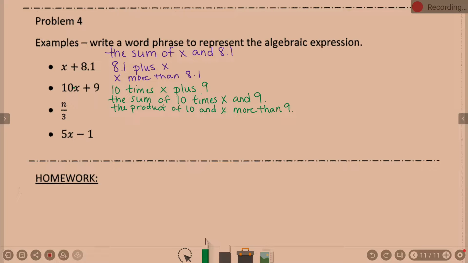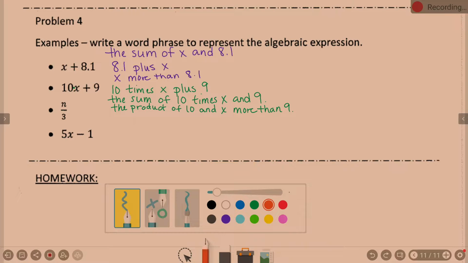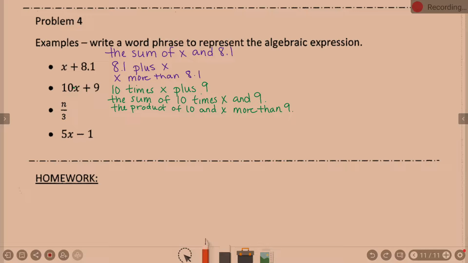I'm realizing I'm running into my next one there. Okay, so this next one with n and 3, that's one we're going to look at. Think about what that bar means. Robbie, you got a guess for me? No?